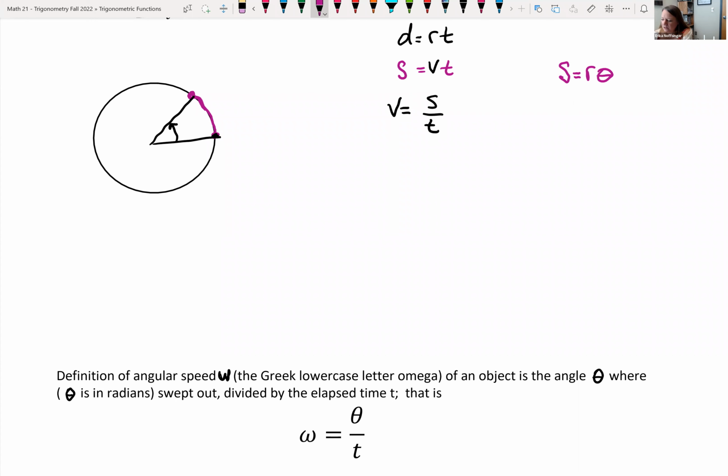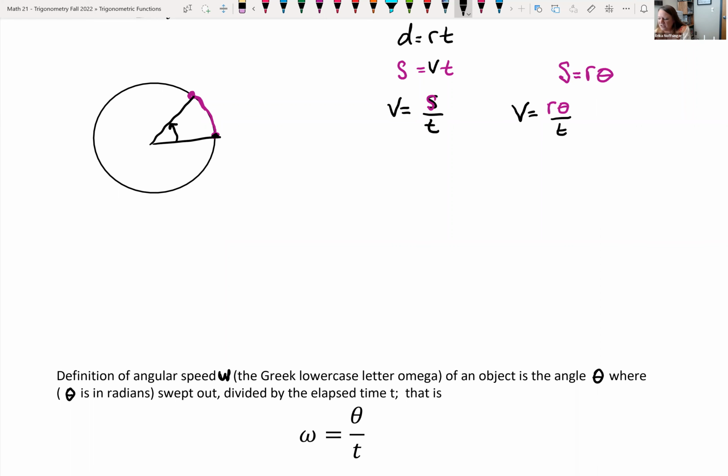So if we go back into our formula right here, v is equal to s divided by t, and we replace that s with r times theta, we can rewrite this. So v is also equal to r times theta all over t.